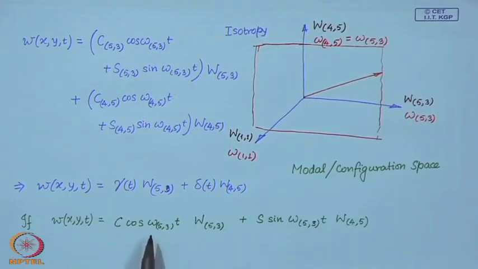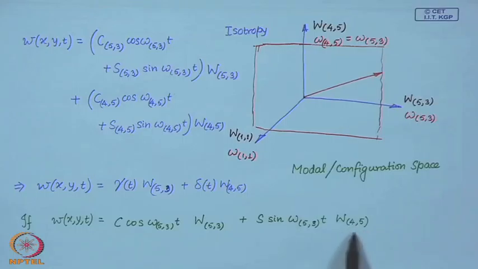Now, in that case, since one is cos, the other is sine, so at time t equal to 0 you have this mode. You can see the nodal lines corresponding to this mode, and at time 2 pi by omega you have this as 0 and this is active.